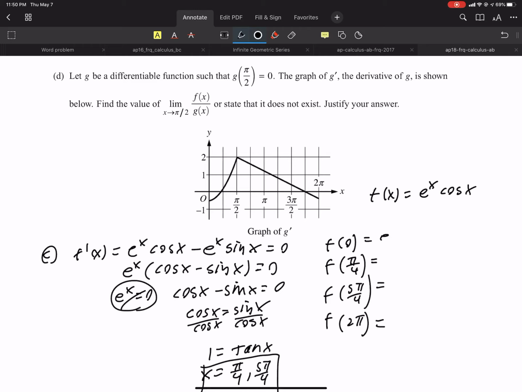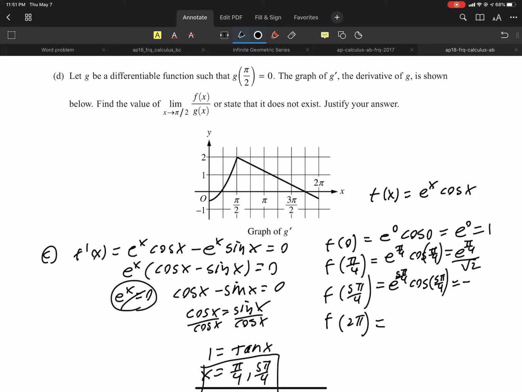Well, e to the 0, cosine 0 is 1, so that's e to the 0, which is just 1. Plug in pi over 4, e to the pi over 4, and cosine of pi over 4. Well, the cosine of pi over 4 is 1 over radical 2, so we get that. And then we get e to the 5 pi over 4. And the cosine of 5 pi over 4 is going to be negative 1 over radical 2.